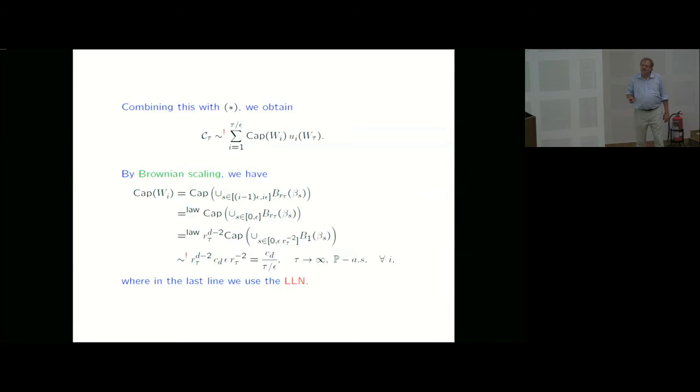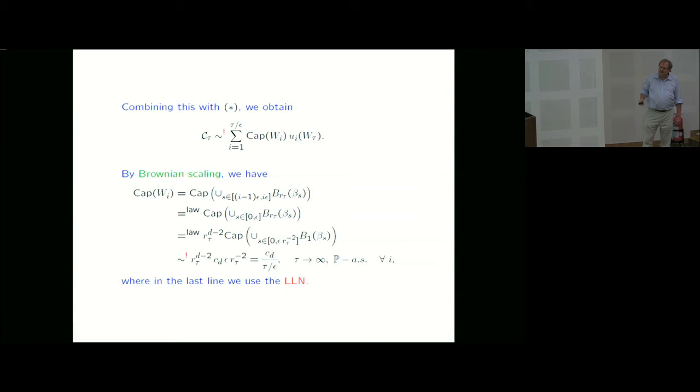And then, in terms of that quantity here, you have a very simple formula that just involves the capacity of a single Wiener sausage. This thing, by reverse engineering, scales in a very simple way. For this, I use the law of large numbers for the capacity of the Wiener sausage.